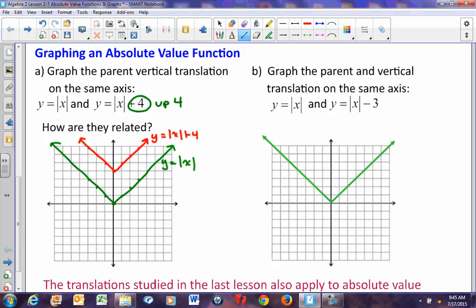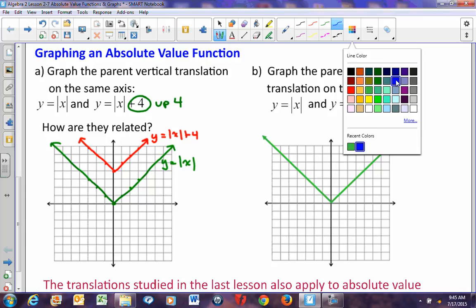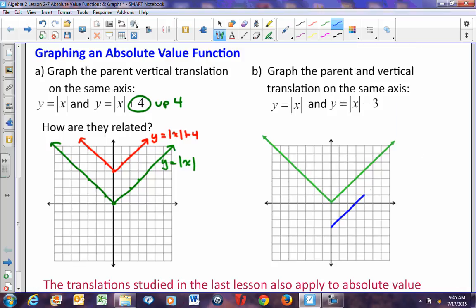Now, if I was to do the absolute value of x minus 3, we're going to go down 3 units this time. So in this particular one, this could actually look like this, and I could actually make a straight line, so there we go. This one is y equals the absolute value of x. This one is y equals the absolute value of x minus 3.